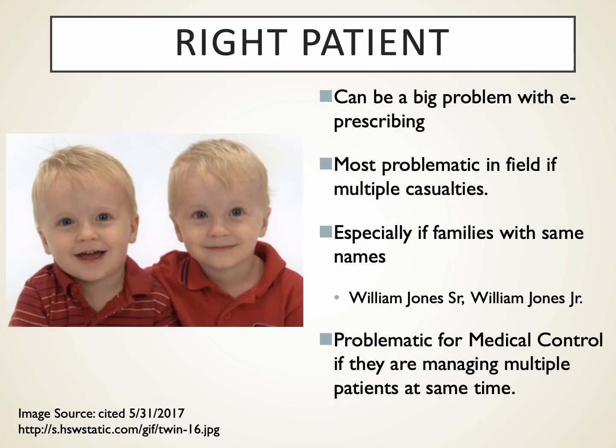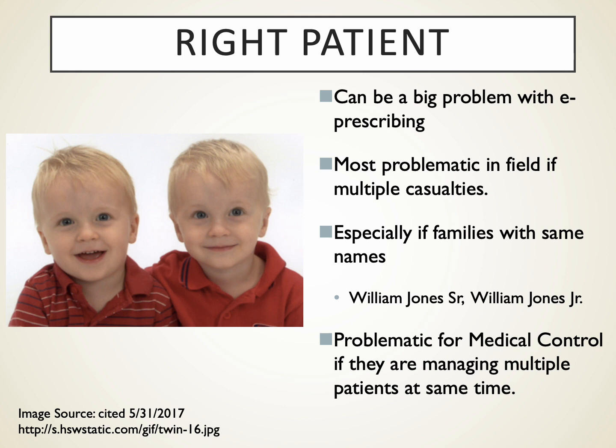Let's look first at making sure we have the right patient. This is surprisingly common, even though you would think it would not be. It can be common in any hospital care setting, particularly if you have the wrong electronic medical record chart open. It's very easy to have more than one chart open at a time, and you can start entering orders on the wrong patient.